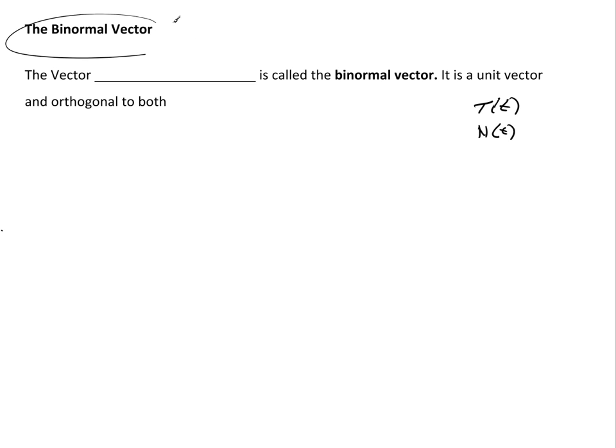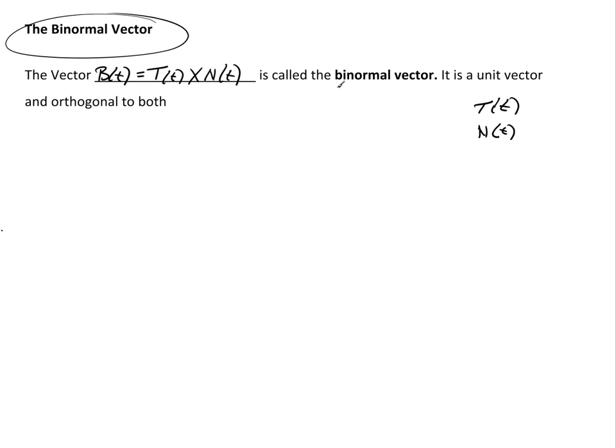And now let's take a look at the binormal vector, because these three together are kind of special. Now, the vector b of t, which we use to denote the binormal vector, is defined by t of t cross n of t.